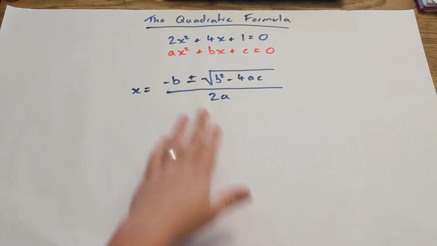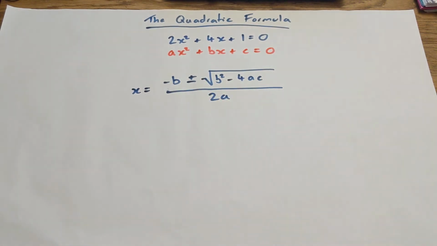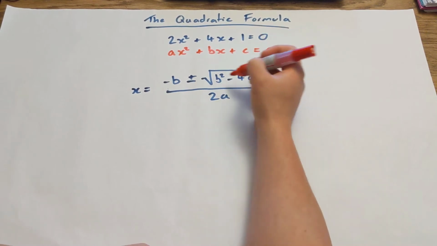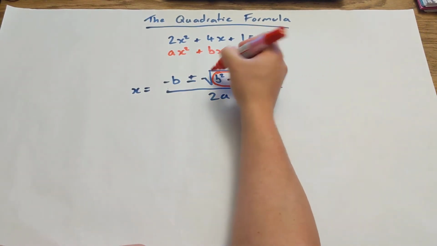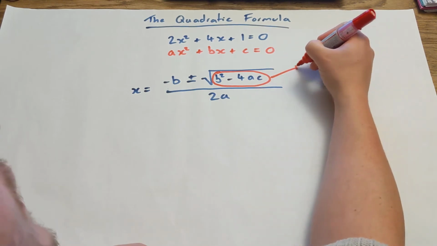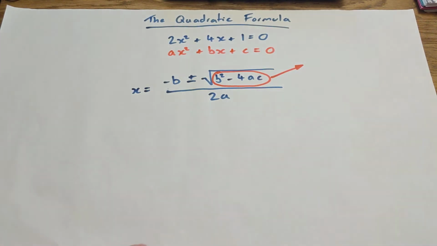Now, before we start using this equation, we're just going to talk about it a little bit. This bit inside the square root, the b squared minus 4ac, has a special name.